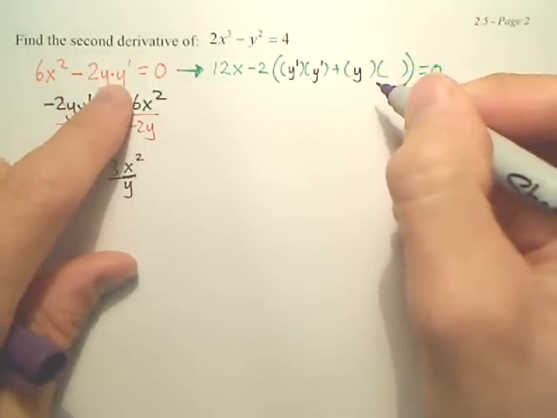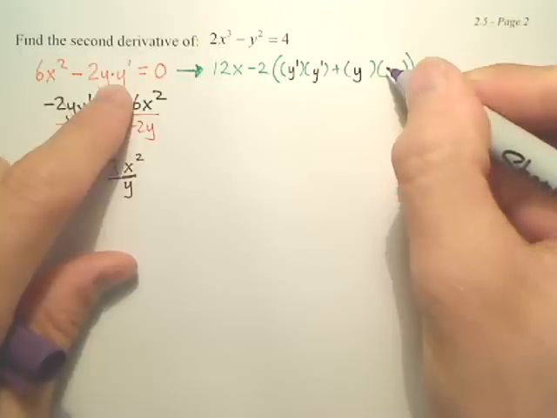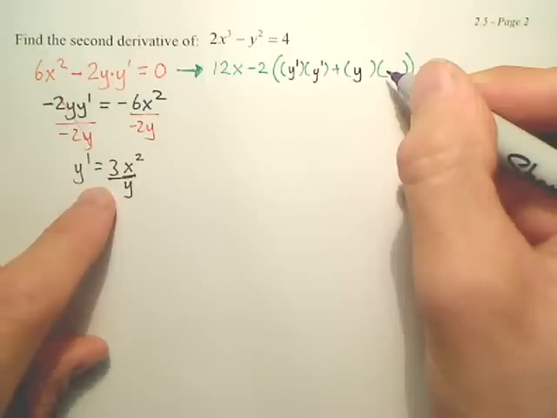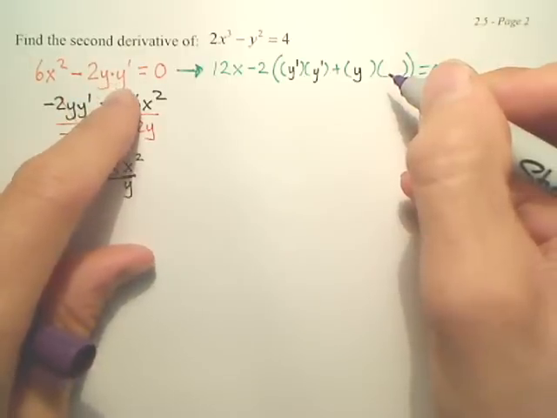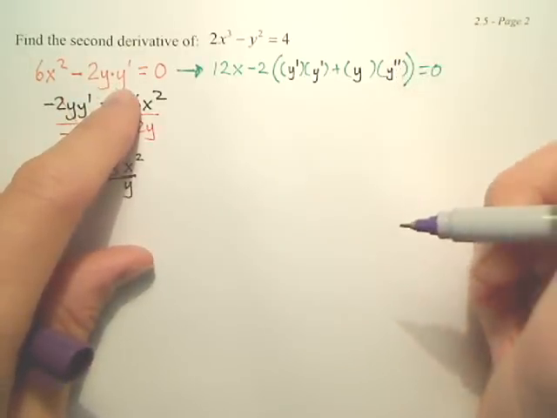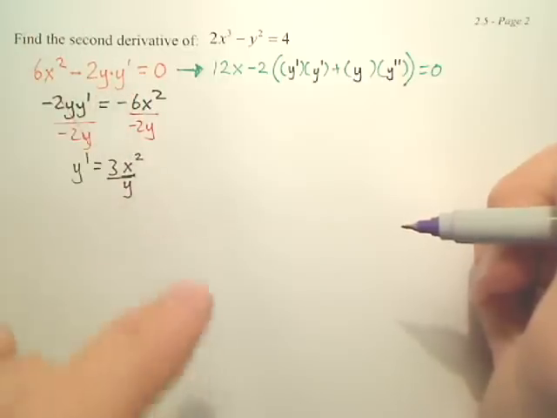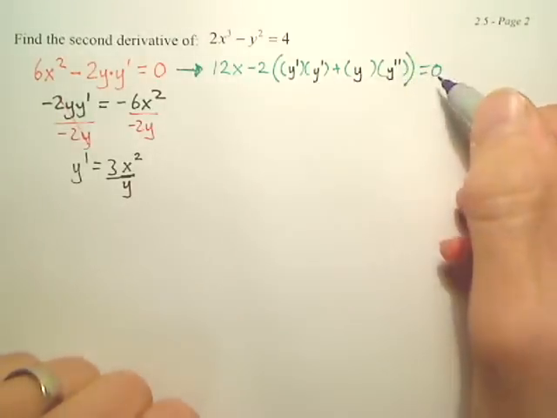What's the derivative of y prime? No, wait, nope, sorry. Let me start that over. The derivative of y prime, isn't that y double prime? The derivative of y prime is y double prime. So, there we go.